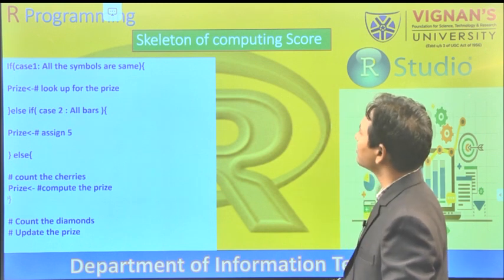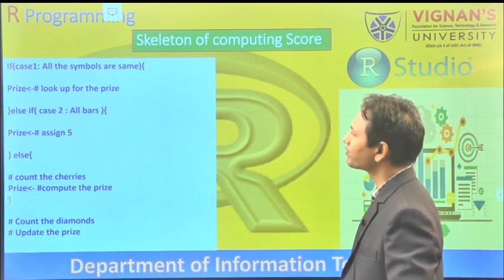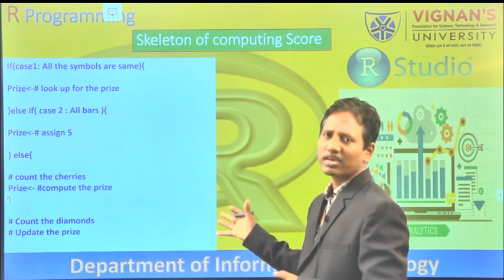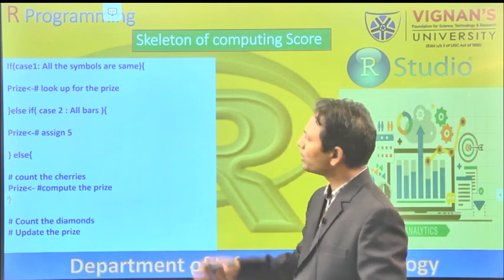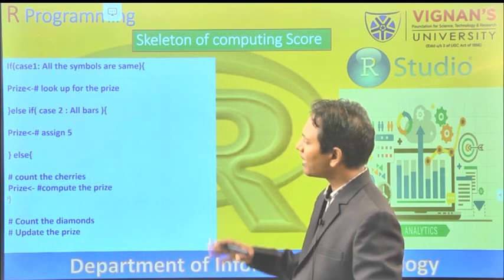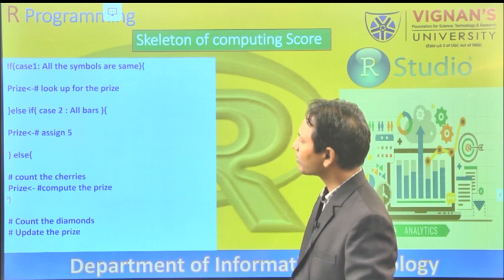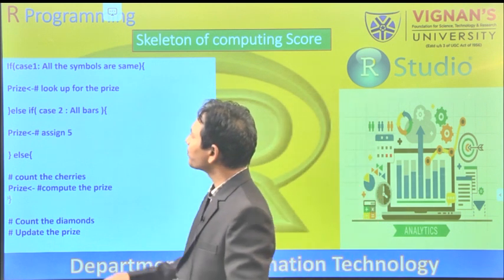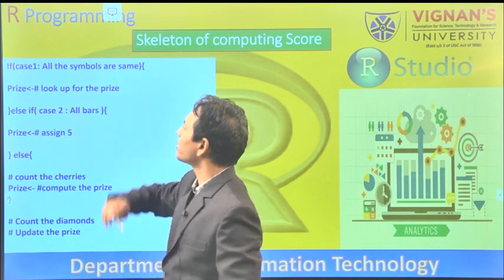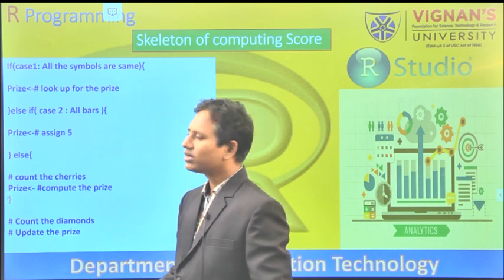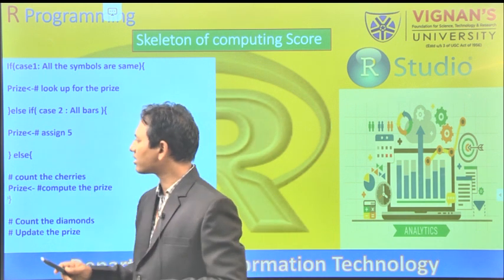So this is my skeleton of the computing core. Here we can call it an algorithm kind of thing. If you read it out, it's going to be very clear. I have divided it into two cases here, okay. So case 1, all the symbols are same or not, okay, and case 2 is all bars are there, okay.